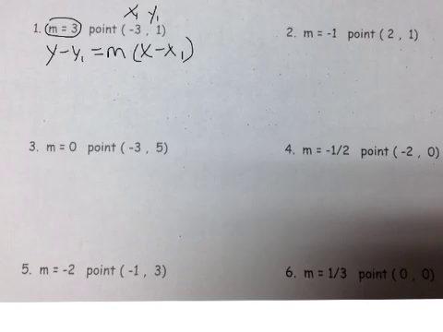The next thing we're going to do is plug in all the stuff we were given. So that 3 is going to go there. This negative 3 is going to go here. And this 1 right here is going to go all the way over to right there, because that's our y1. So it'll look like this: y minus 1 equals 3 times x minus a negative 3.